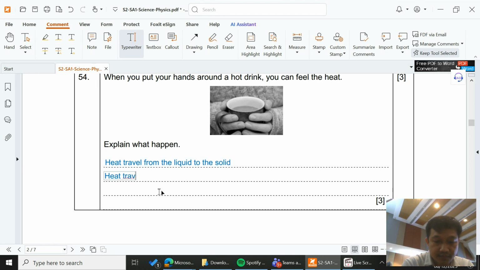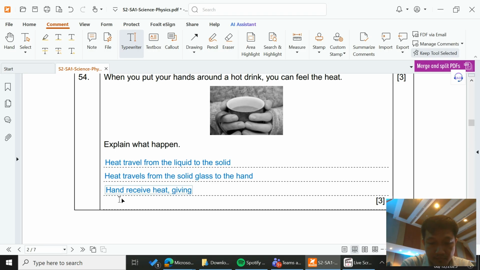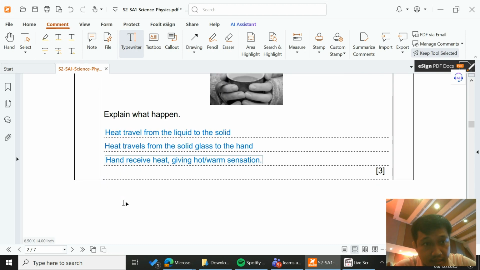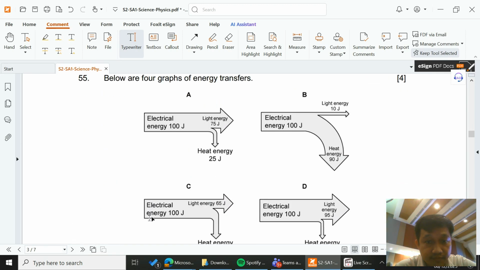Heat travels from the solid glass to the hand. The hand receives heat, giving a hot or warm sensation. Okay, that's it. Now let's go to question number 55.